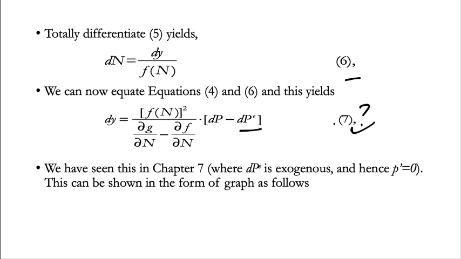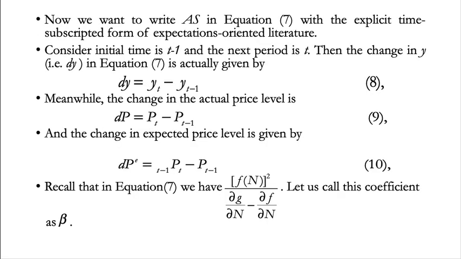So we basically want to see it in the form of time period. Consider that the initial time is t minus 1, and the next time period is t.